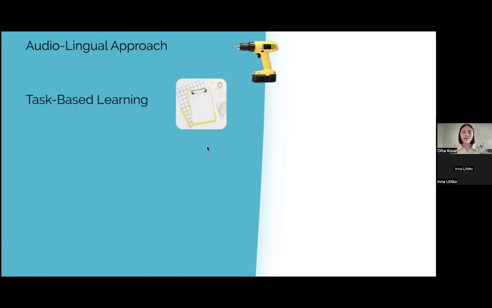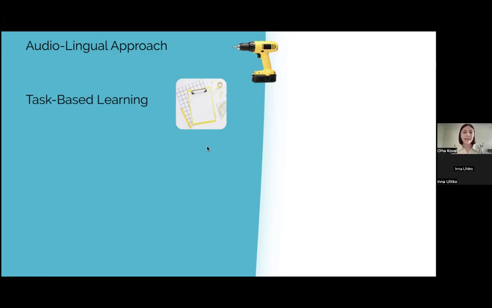The order of the stages can be different. For example, sometimes we can start with a task, and then we might introduce some new language to our students while they are doing the task, if they need this vocabulary or this grammar structure. And after the task completion, we can analyze the language and do some practical tasks.